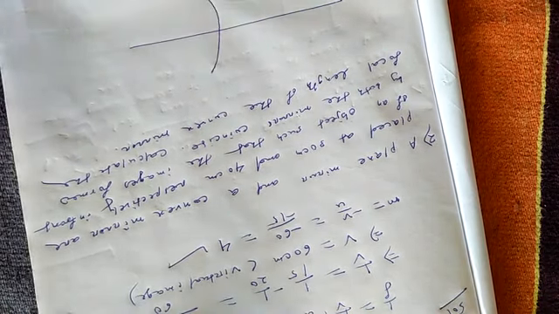This is 40 cm. So object distance u is equal to minus 40 centimeter. This is for the convex mirror.